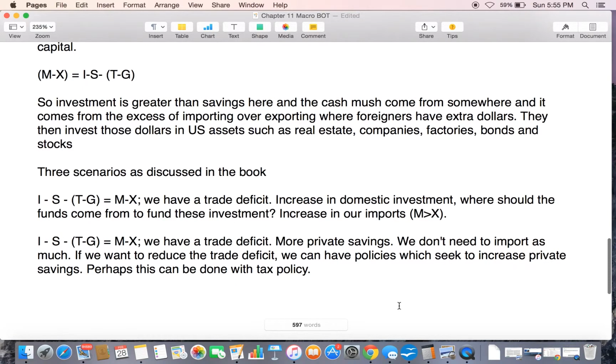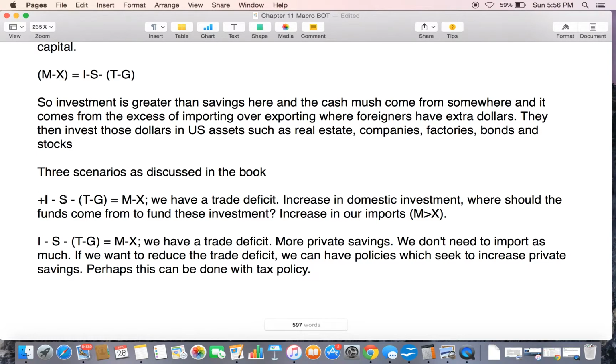One way that I want to increase my savings is to make sure that I am receiving a better tax return, and one way I can do that is to put more money aside for retirement. So taxation policy can be used to increase private savings, and in the long run, this should reduce the trade deficit.